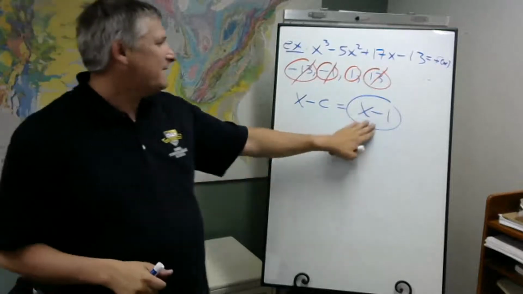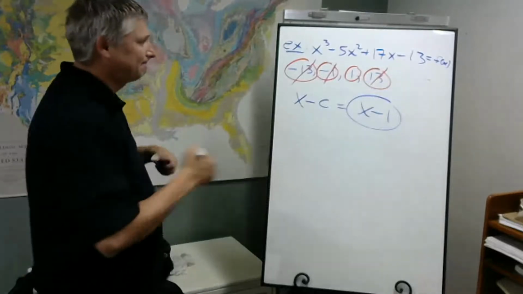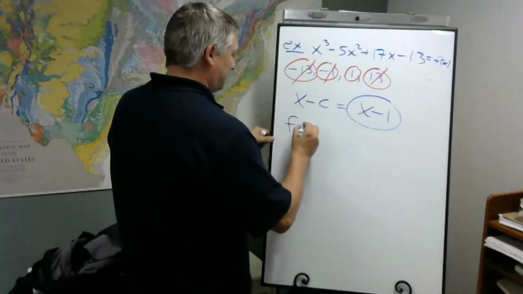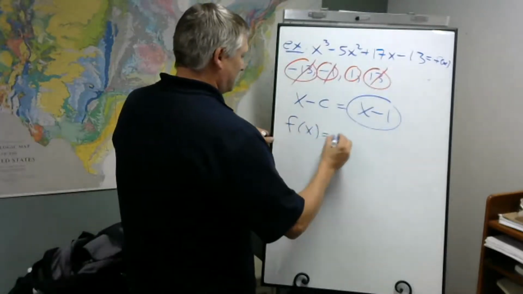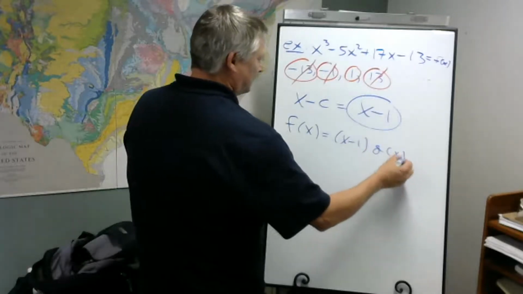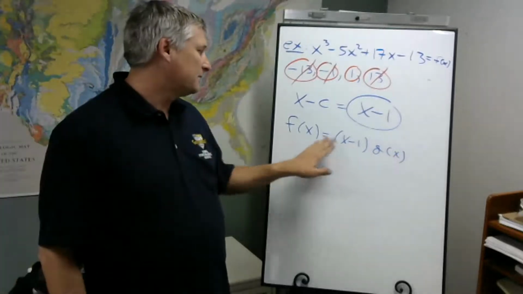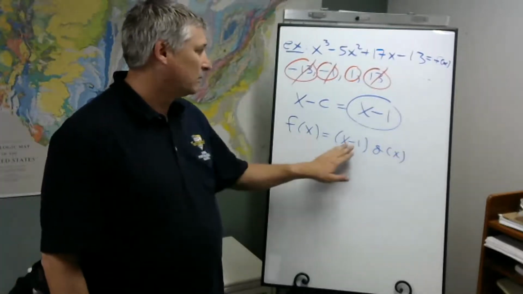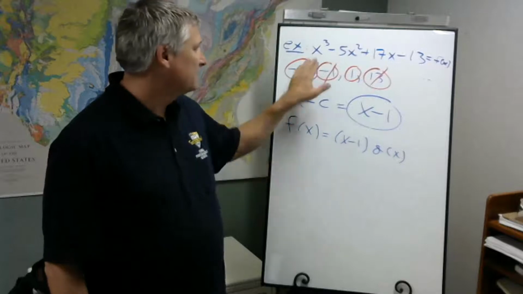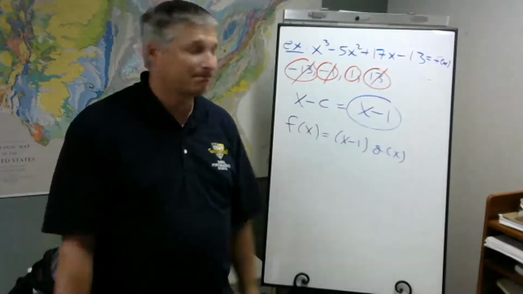So that means we're going to divide this into this to get our q of x. So f of x is x minus 1 times q of x. To find q of x, we'll divide x minus 1 into f of x.